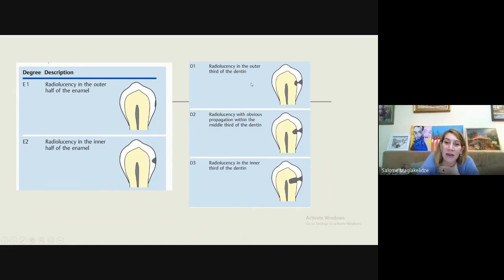And if we have the radiolucency in the outer third of the dentine, like this, this is D1. And you should know, if you see the D1 scenario on your X-ray, you should understand that the progression will be sooner than when we have this kind of scenario, okay?